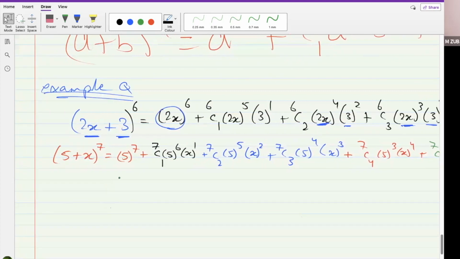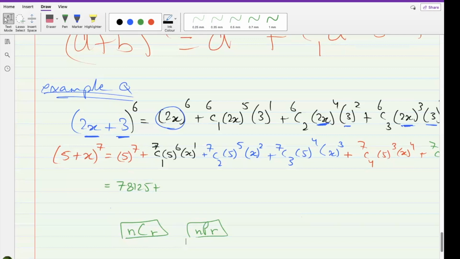Okay. Now let's solve a few of these terms. So 5 raised to power 7 is 78125. Then this 7C1. Can you find this on your calculator? It would be written in this way: 7 nCr, right next to the button nPr. You have to find these buttons. Okay, now we have to punch 7, then C, then 1.